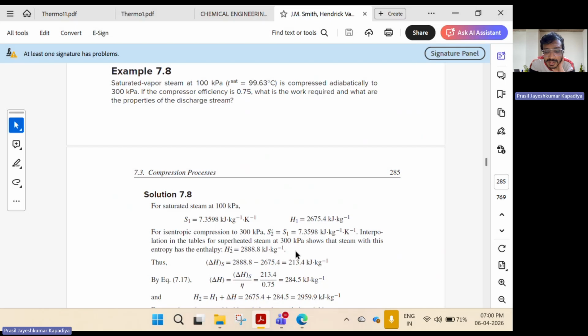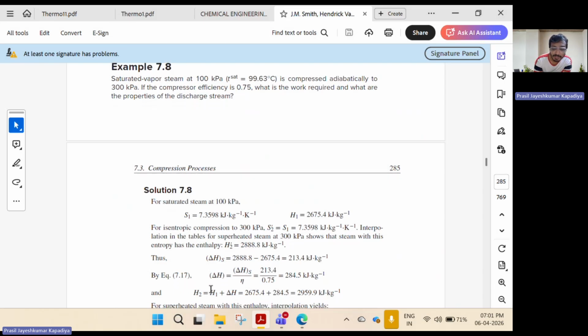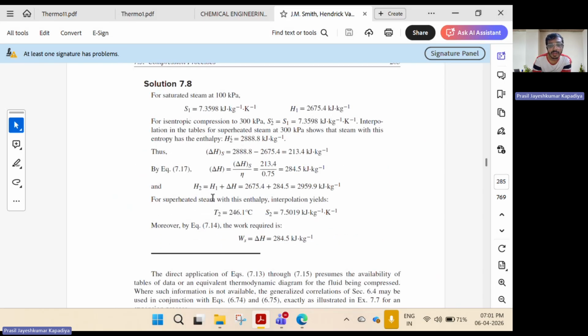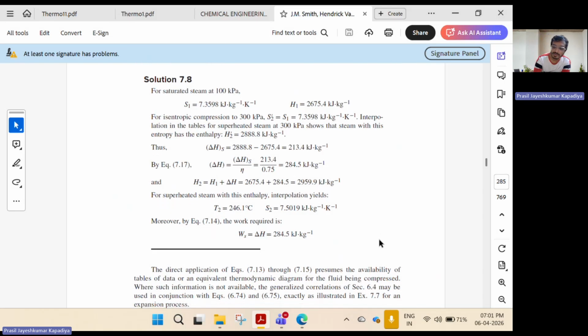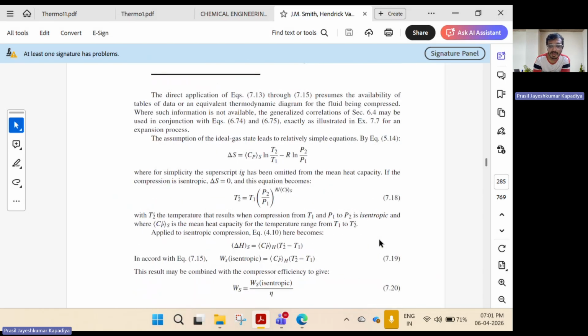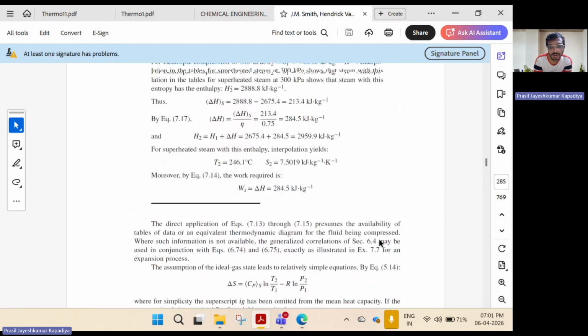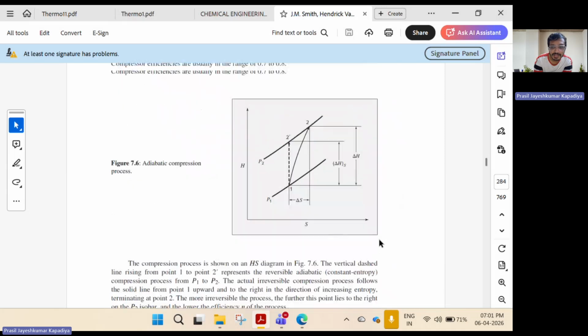Okay, they have not shown the calculation. So you get H2 prime from the similar way. Then you get delta H. From delta H, you get H2, and from H2, you get S2. So this is how you can solve turbine and compressor problems. These are very important problems in terms of industrial applications.